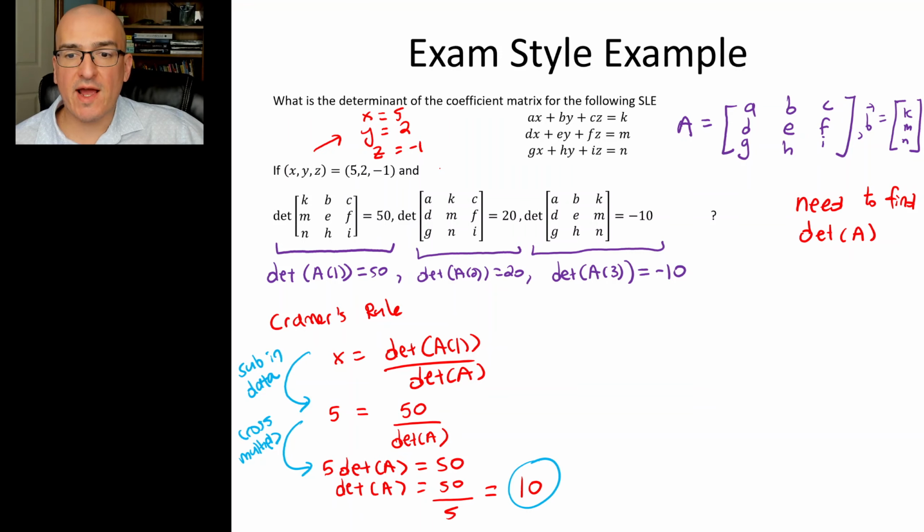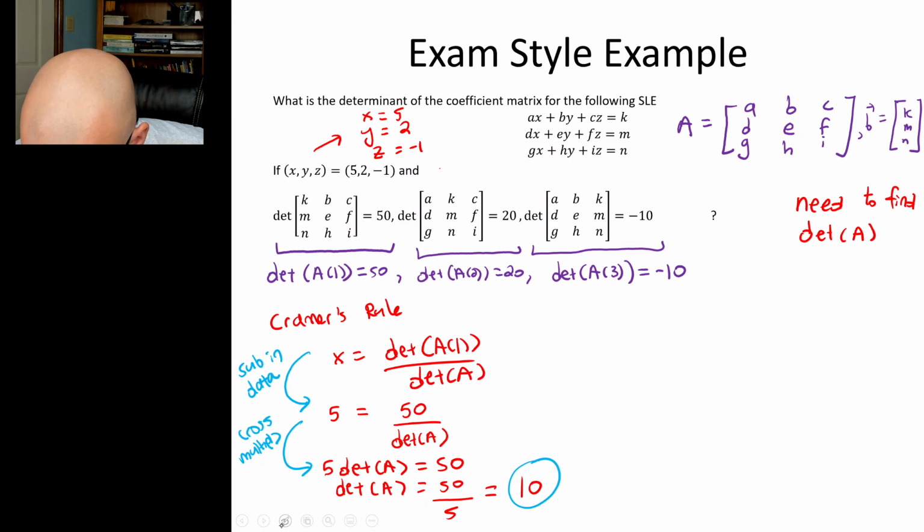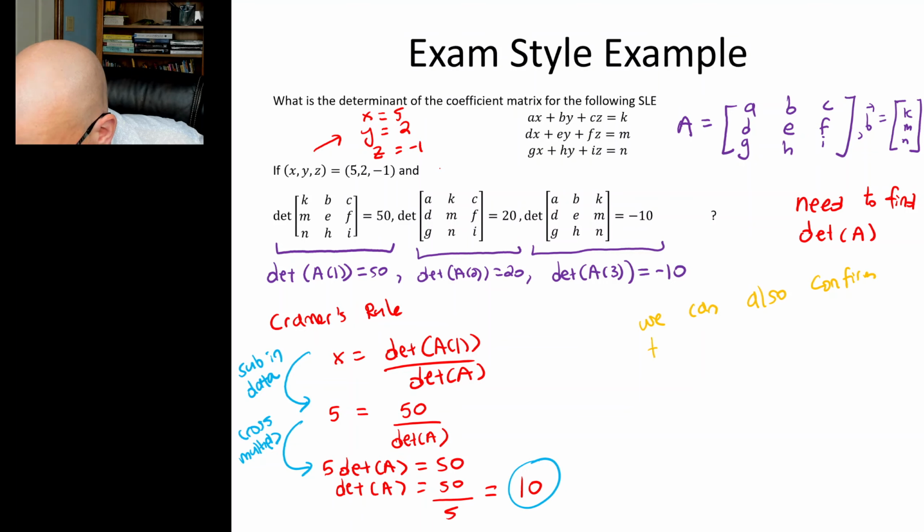Why did I check x? So we could also confirm, or can also check y or z if we want.